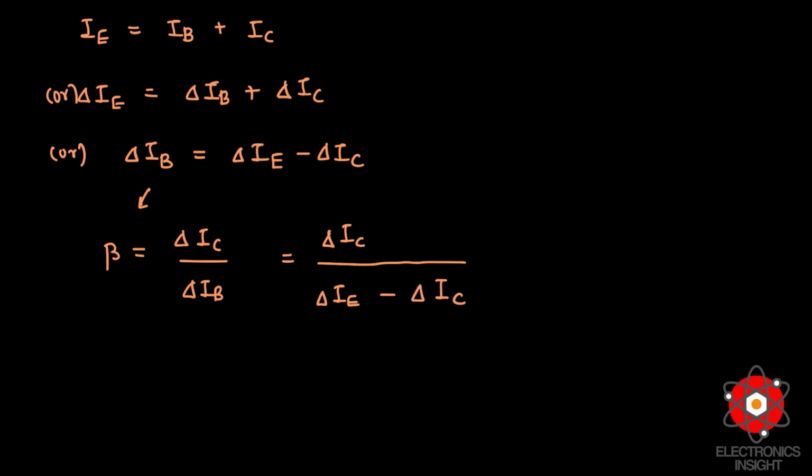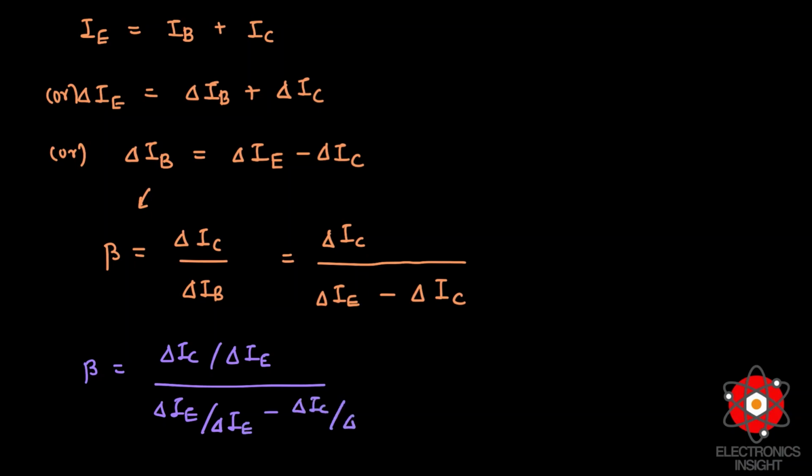So now we need to divide the numerator and the denominator of this beta expression by del IE. Therefore, the expression will become del IC by del IE over del IE by del IE minus del IC by del IE.